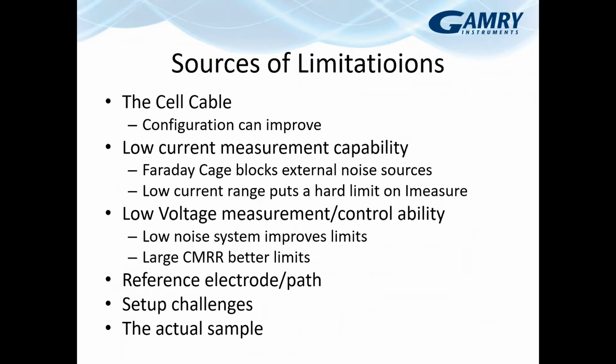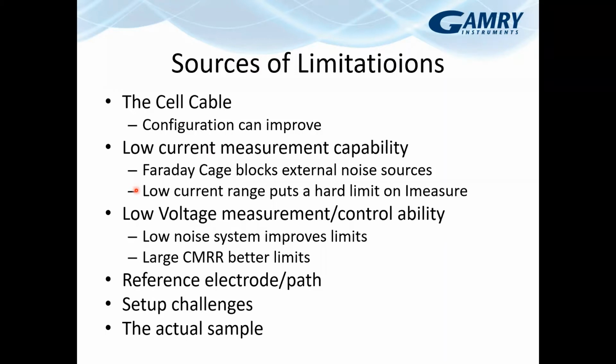So the sources of these limitations are shown here, broken down. The cell cable. This is listed first because it hits a lot of limitation issues. So you can use the configuration to improve the limits for your cell cable. For low current measurement capability, you want to use a Faraday cage, which blocks external noise sources.